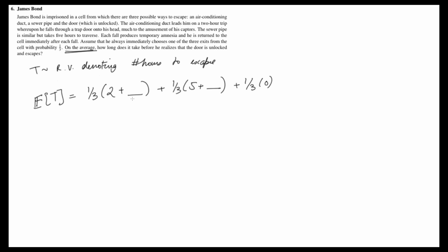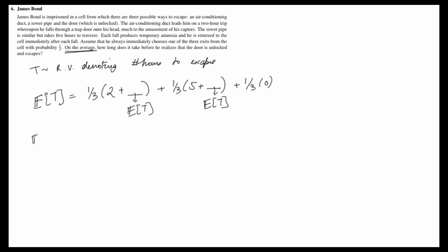So what exactly is in this reset? How much expected time does he take after he resets? Well, it's exactly the same as what he started off with, because nothing has changed. He has amnesia, so he completely forgot what he did. So the probability of using one of those incorrect pathways still remains the same.